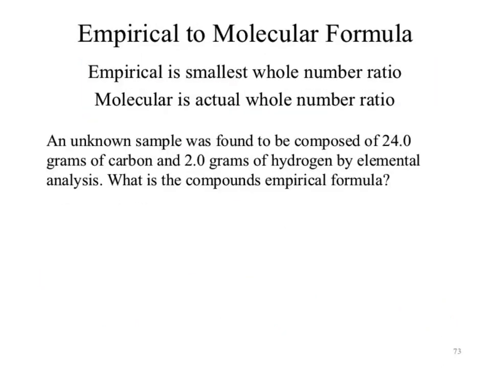How do we get up to a molecular formula? Well, the molecular formula is the exact whole number ratio between those. So if we looked at that same question, it's our empirical formula. Well, when we solved, wasn't it C2H2? So shouldn't our molecular formula be C2H2? Well, that's making the assumption that we have exactly those ratios in that compound, or those masses, that it exactly comes out to be that.